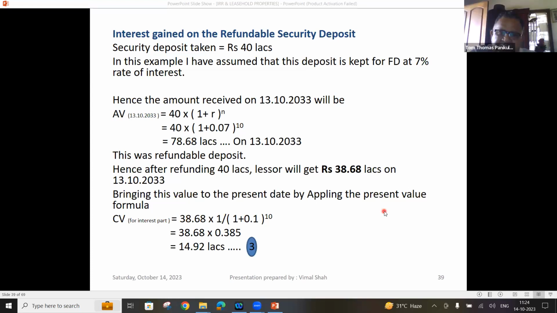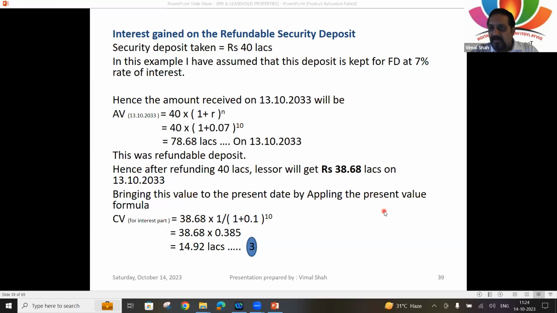But what is written here is the same. Whatever is written in the same slide, it is the same formula as before, for finding out the net present value. This PV formula, right? Bringing to present value factor 1 upon 1 plus R raised to power n. That is the same formula that we had used for the net present value.